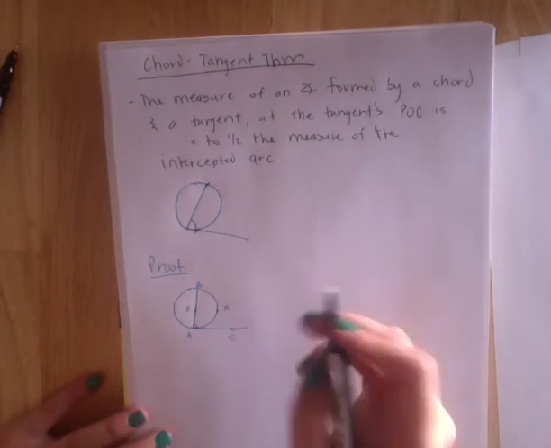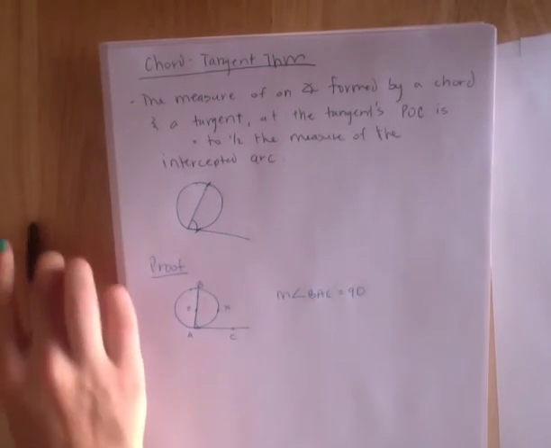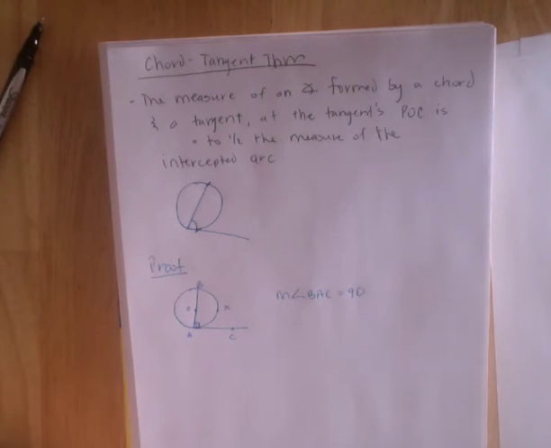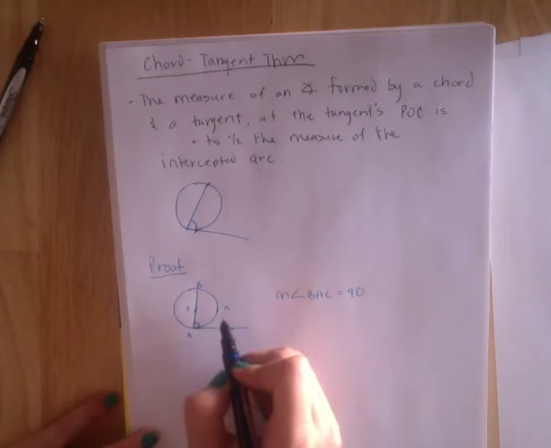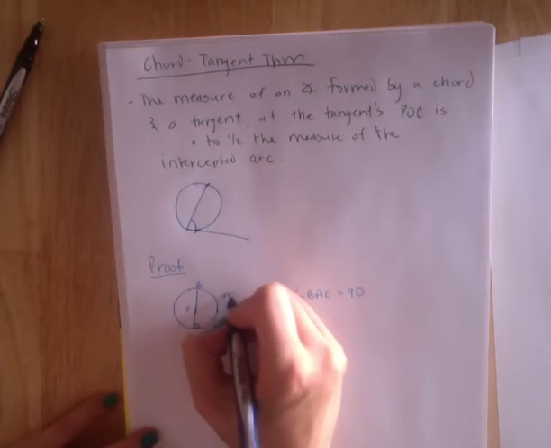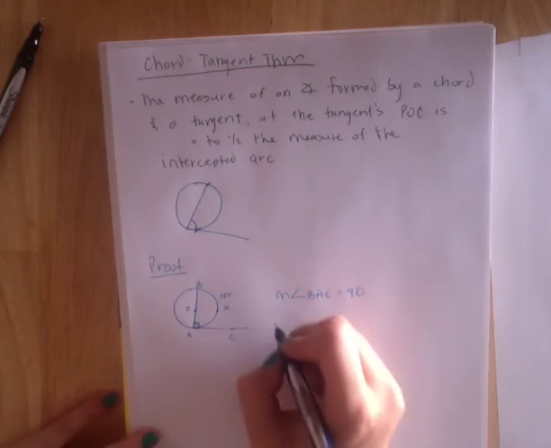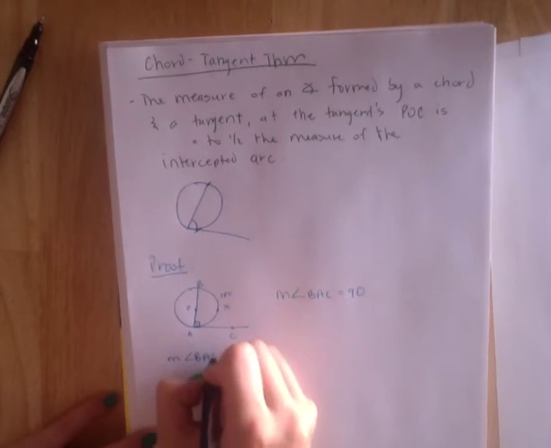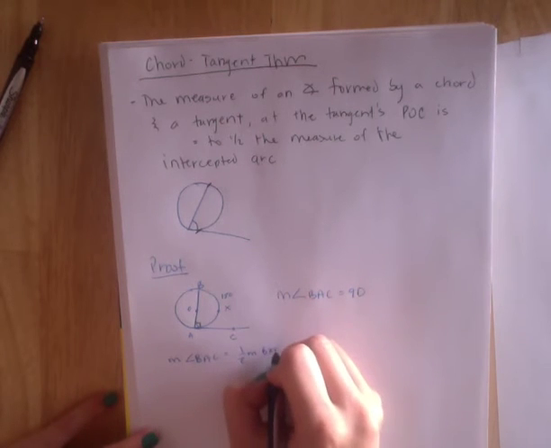Therefore, the measure of angle BAC is 90, a right angle right there. Now, 90 degrees is half of the measure of this arc, which means that arc is going to be 180. So what my chord-tangent theorem says is the measure of angle BAC is 1/2 the measure of arc BXA.